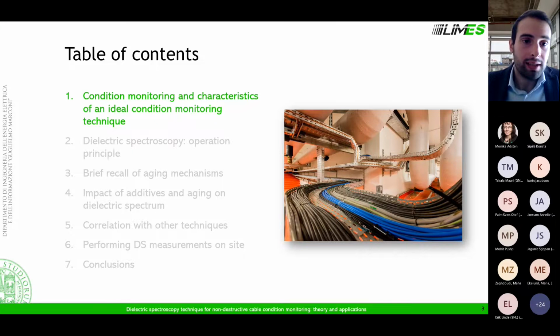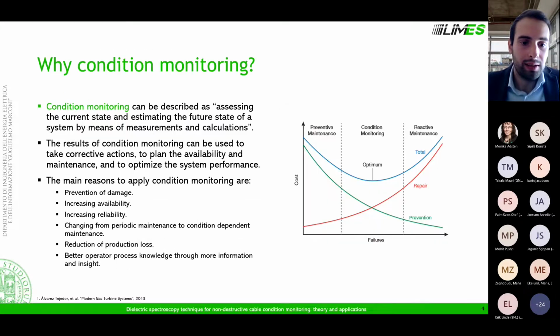So, starting from the condition monitoring, we have already talked about it quite extensively during this conference. Anyway, as you know, condition monitoring can be described as the assessment of the current state and the estimation of the future state of the system through measurements and calculation.